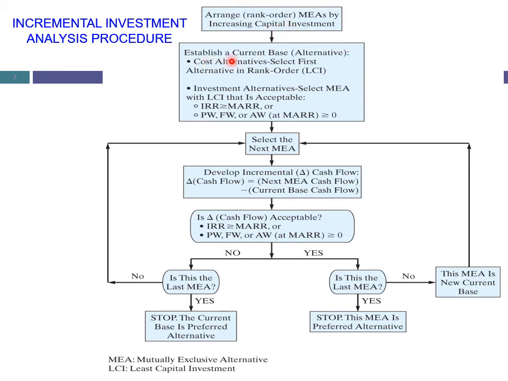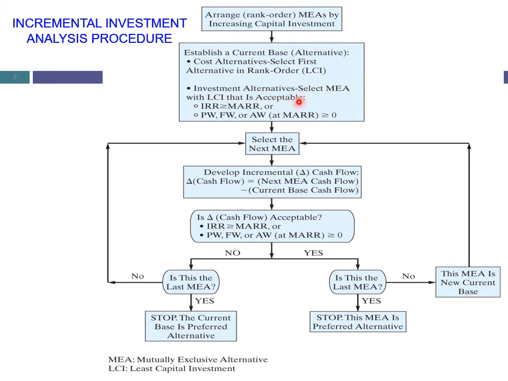Then we need to select the base. And how do we do it? If it's a cost alternative, then the first one in this ordered list is your base. If it's an investment alternative, then the mutually exclusive alternative which has the least capital investment and which is acceptable is the base.